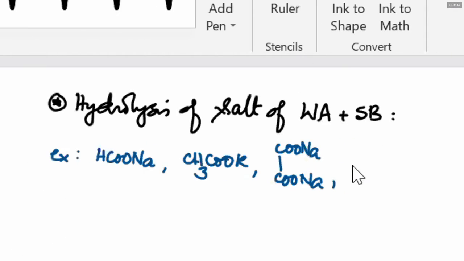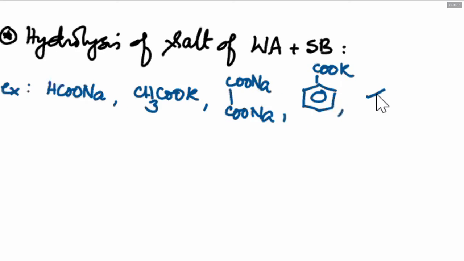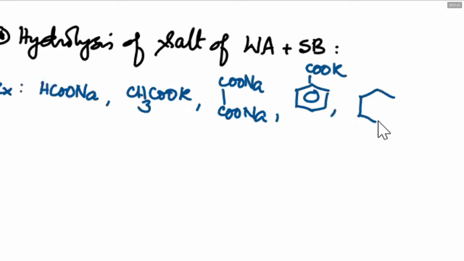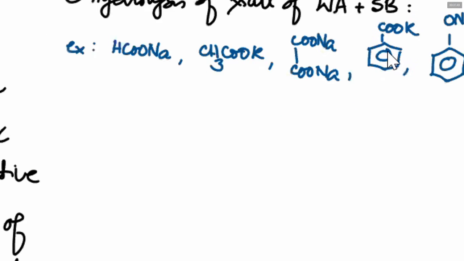Benzoic acid is a weak acid, giving potassium benzoate. Similarly, phenols, as your Krishna Mohan sir says, are acidic in nature and alcohols are neutral. So sodium phenoxide also qualifies.